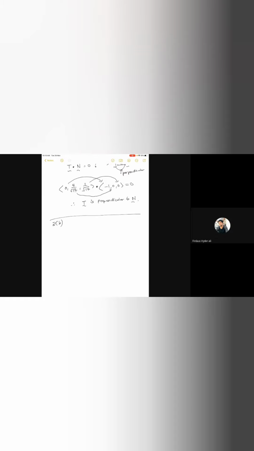Okay, find the binormal vector at the given value of t. r equals e^t cos t, e^t sin t, and 1 at t equals to 0. Now it asks you to find the binormal vector.